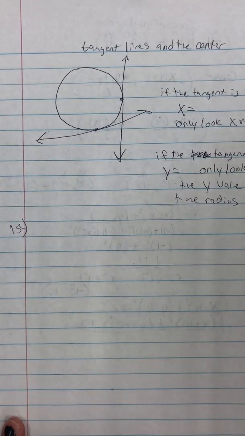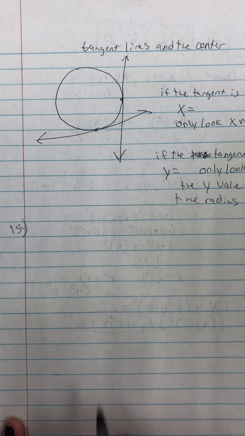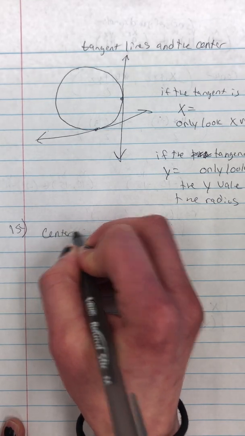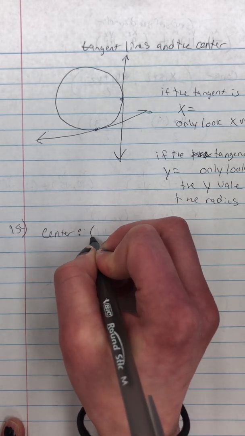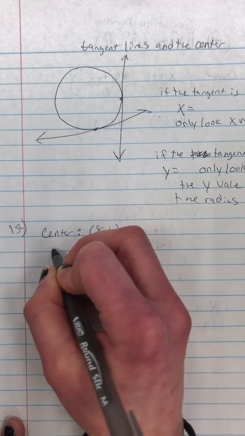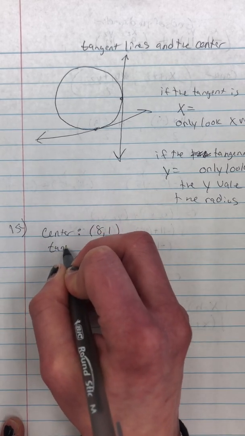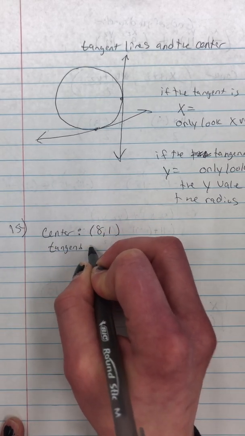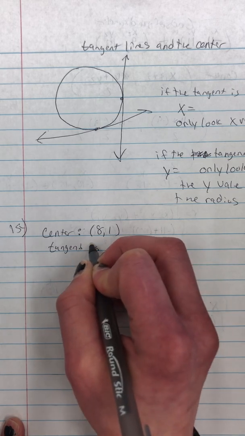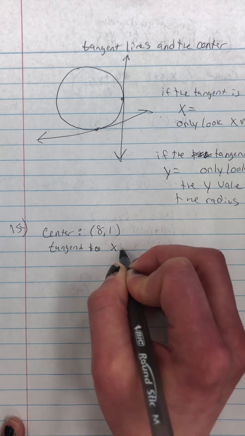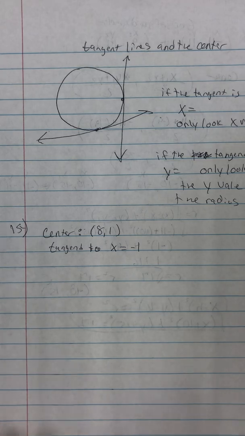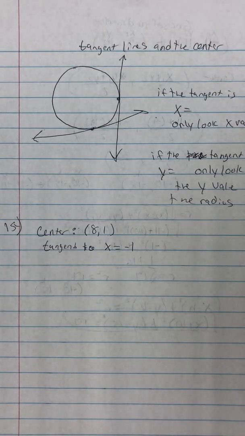So for our first example, we're going to look at the center being 8, 1, and the circle is tangent to x equals negative 1.